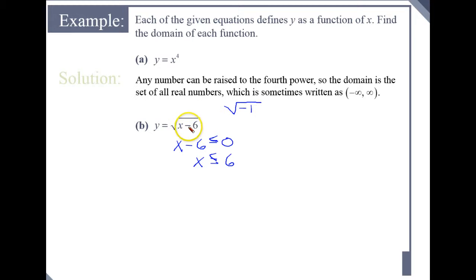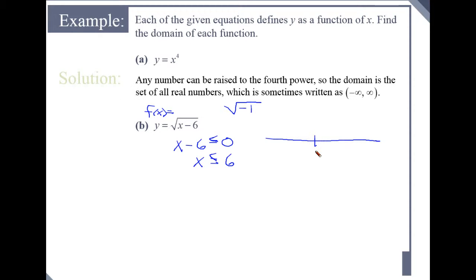So you cannot have in the domain of this function that x could be less than 6. It has to be greater or equal. And I explain the rationale for it. So what would the interval notation be? Well, let's look at it on a number line for a moment.